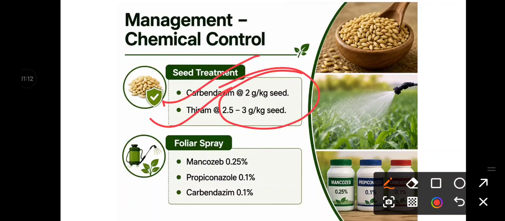If you are doing seed treatment, for most of the fungicides, the recommended dose is 2 to 3 gram per kg of seed. Remember this. And then for the foliar spray, this is the common chemical used for most of the foliar diseases, the spot type diseases: foliar spray of mancozeb, propiconazole, carbendazim 0.1 to 0.2%.